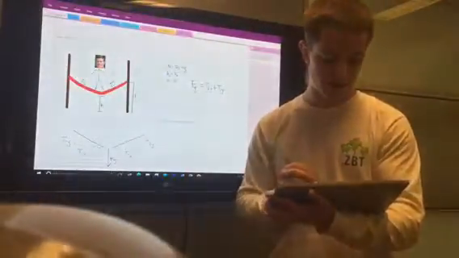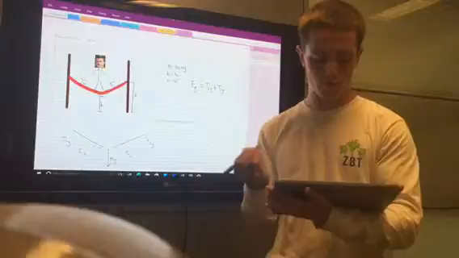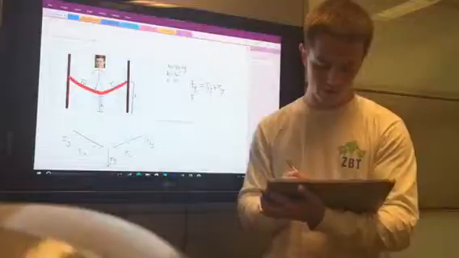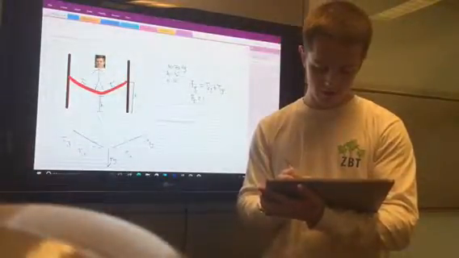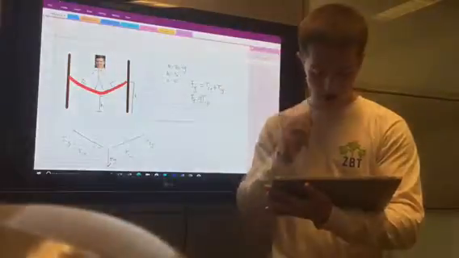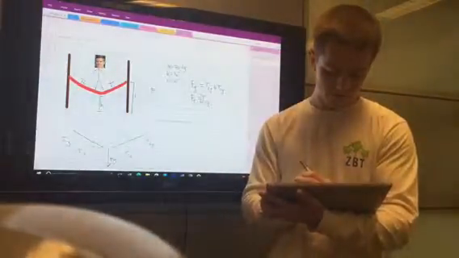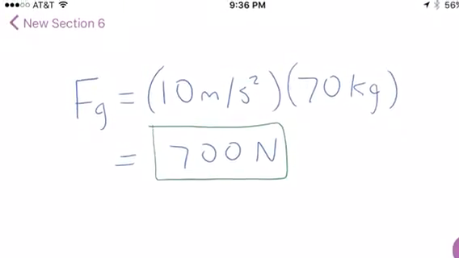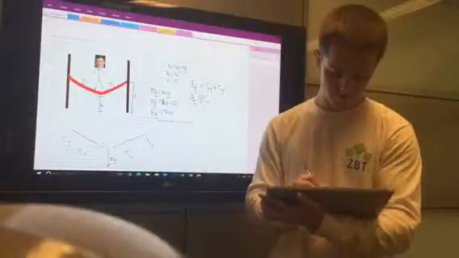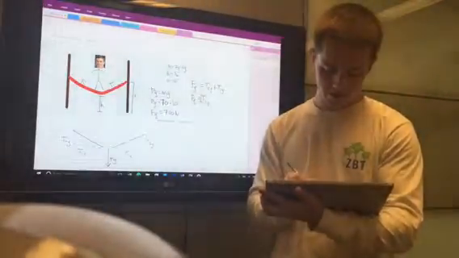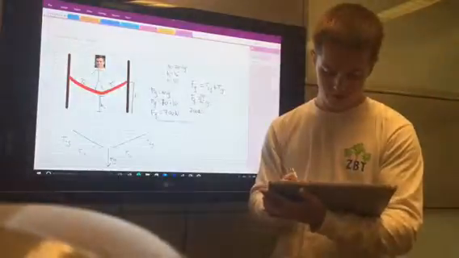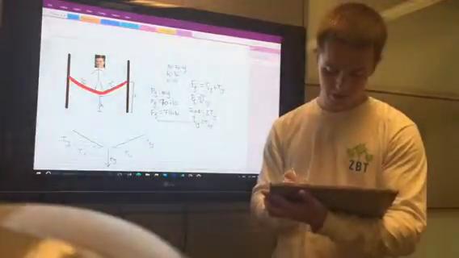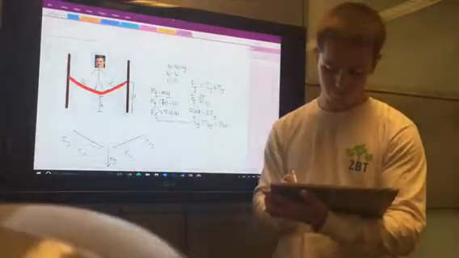And because he is directly in the middle of the slack line after we measured it out, we know that those two tension forces are equal. So we have the force of gravity equaling 2 tension 1y. When we solve for the force of gravity, we get 700 newtons. And when we plug that in over here, we have tension 1y equaling tension 2y, which each equal 350 newtons.